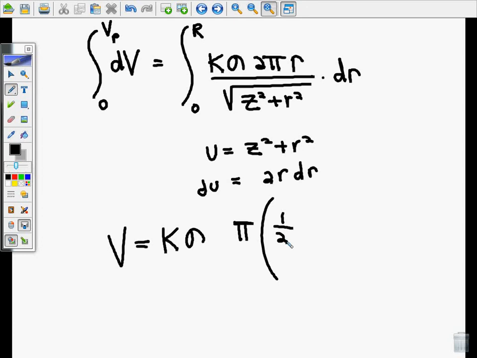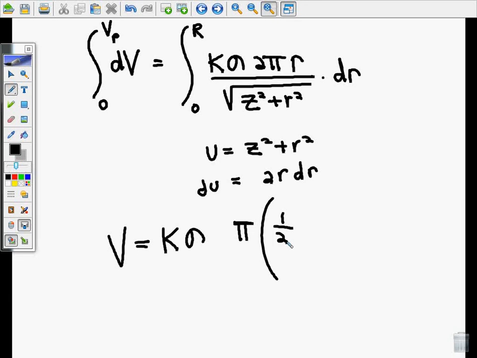Add 1 and then divide, so that's 2 times the square root of z squared plus r squared. I would just use U substitution. I would have been done by now. And then you're done. It's just 2 times what's on the bottom there. The U substitution is easier. Why does it take you guys that long? I don't know. My brain's not functioning.